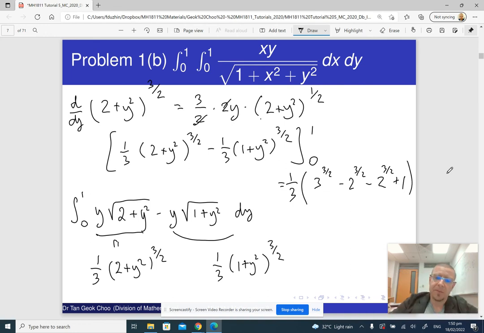So I can just write it down: 3 raised to the power 3 over 2 is just 3 square root 3, minus 2 raised to the power 3 over 2 is 2 square root 2, and we should take it twice, so it's going to be 4 square root 2 plus 1, all over 3, and that's the answer.